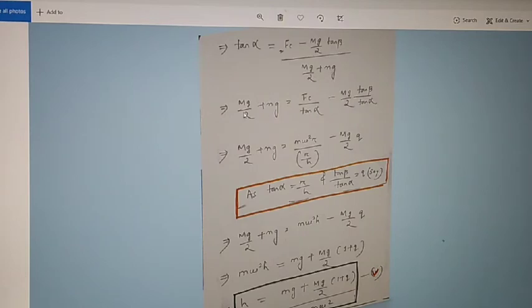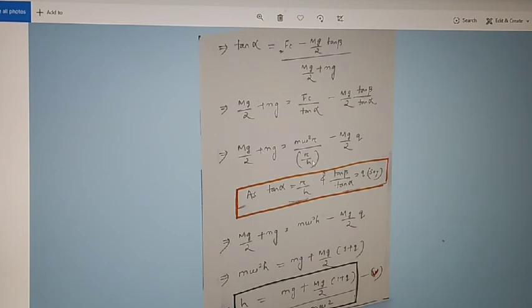And if we rearrange the expressions, that is, we take this denominator part to the LHS and divide by tan alpha, Fc by tan alpha minus mg by 2 tan beta by tan alpha, then we get the expression like this.